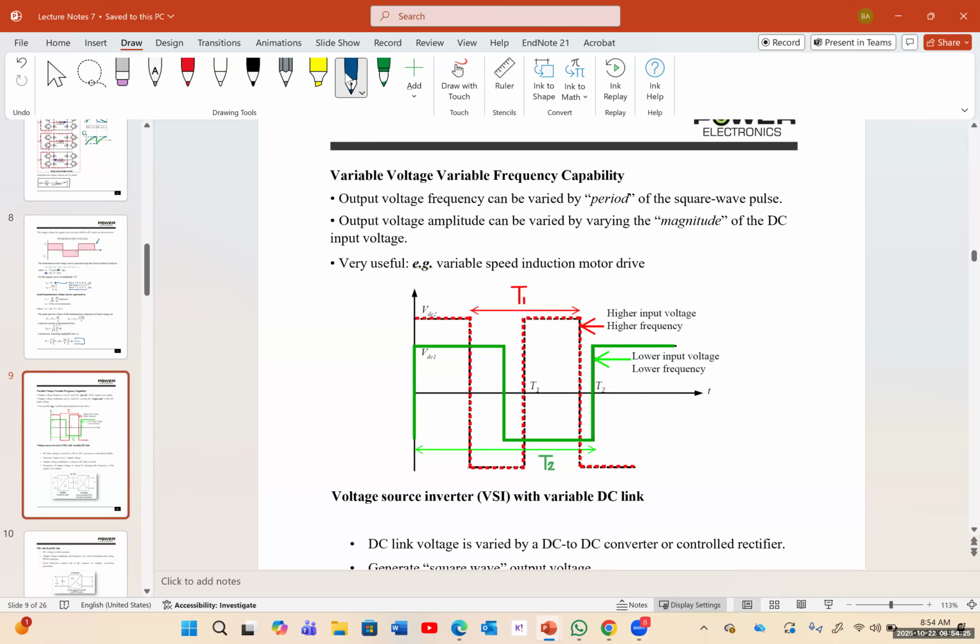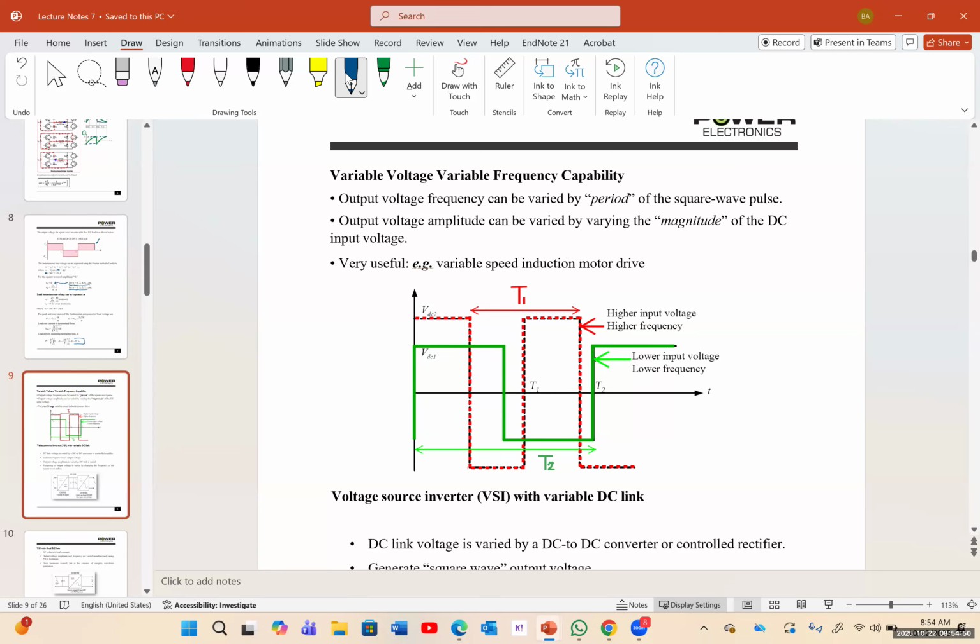Now for a variable voltage, variable frequency capability, that's going to be much more complicated. The output voltage frequency can be varied by the period of the square wave pulse. The output voltage amplitude can be varied by varying the magnitude of the DC input voltage. This is very useful.